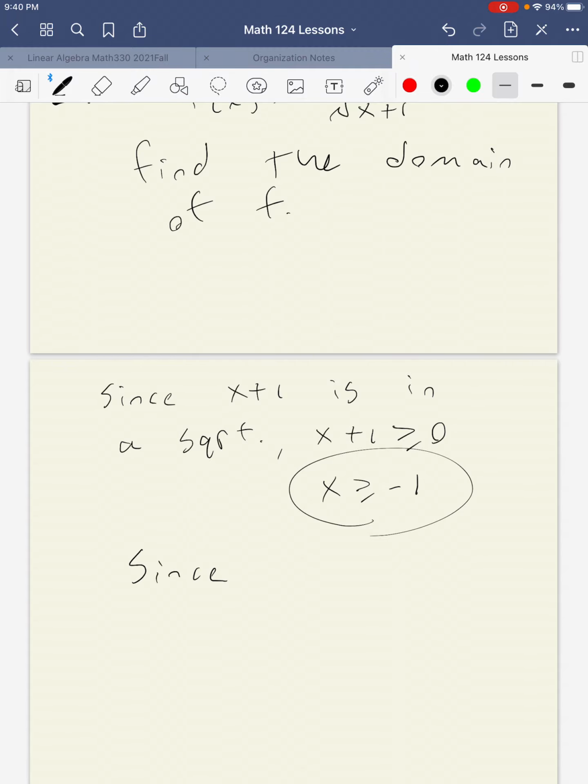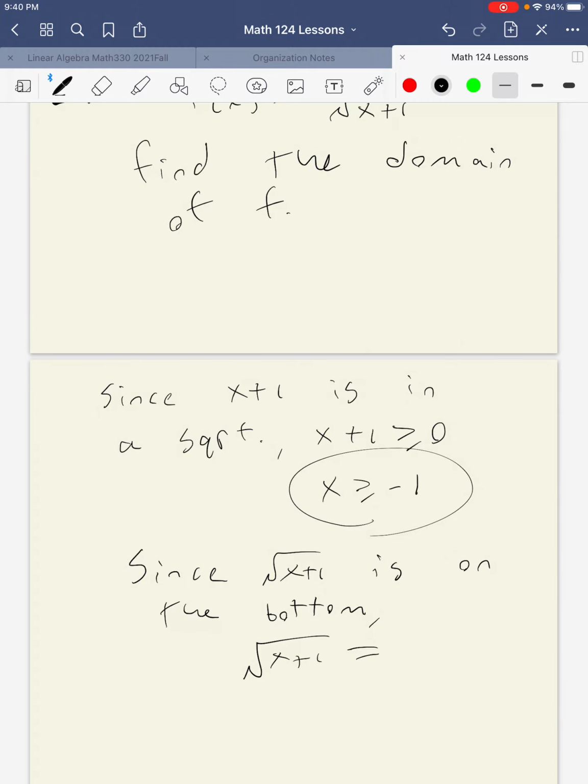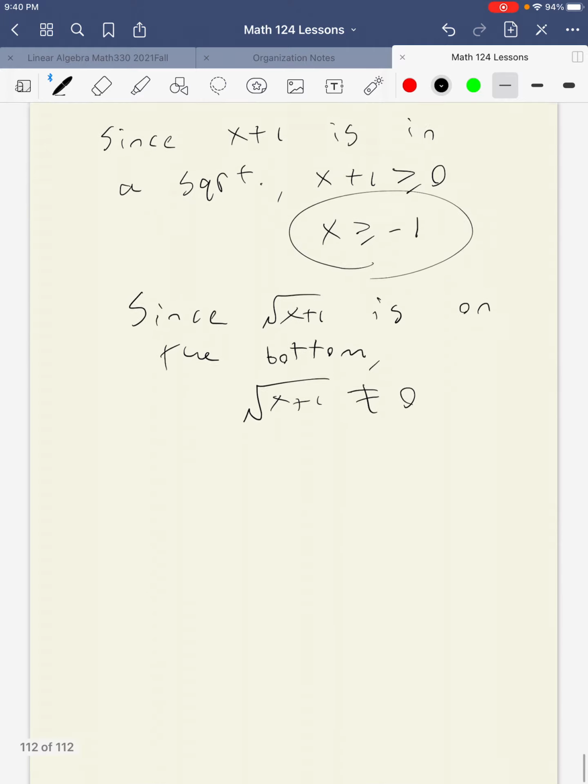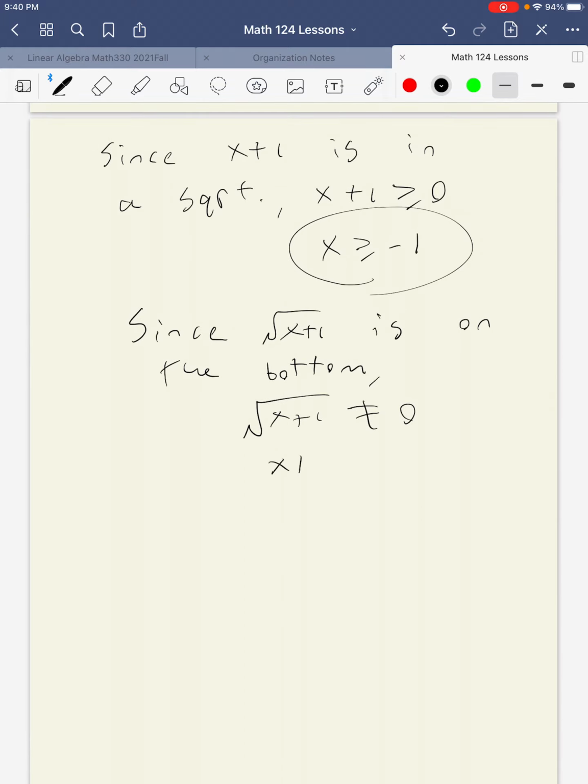Since the square root of x plus 1 is on the bottom, it cannot equal 0. That is to say x plus 1 cannot equal 0. So x cannot equal -1.